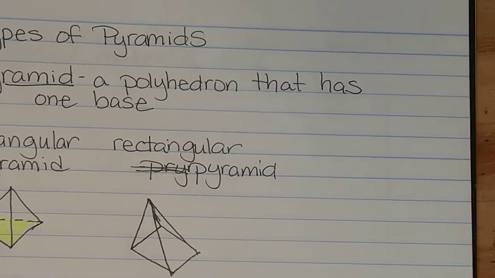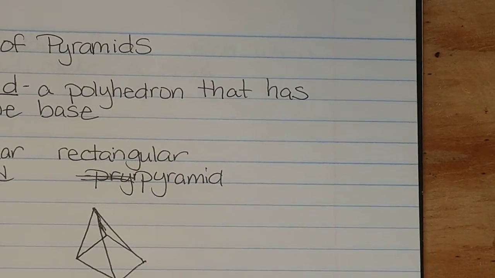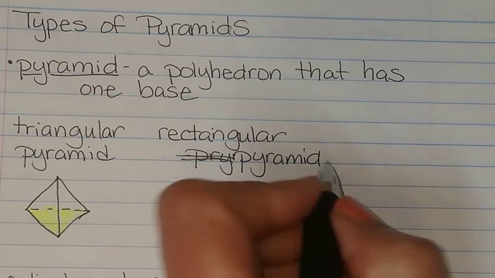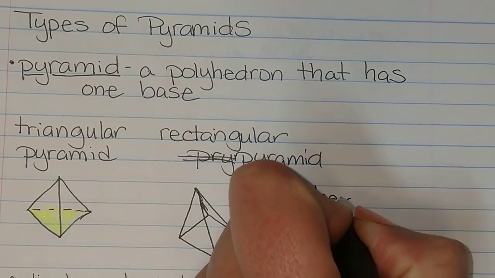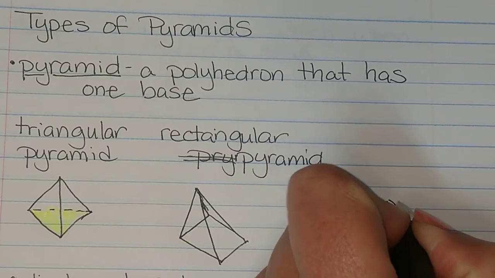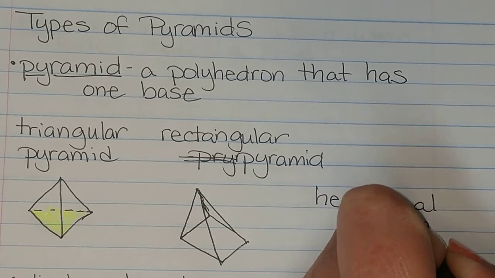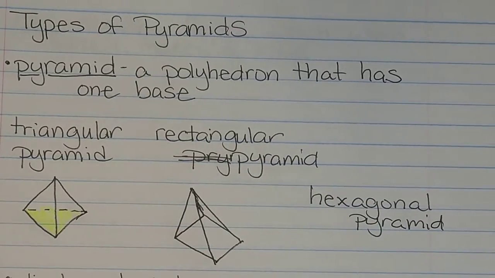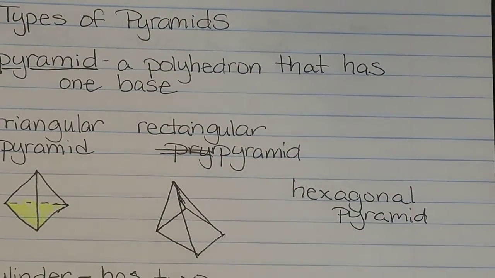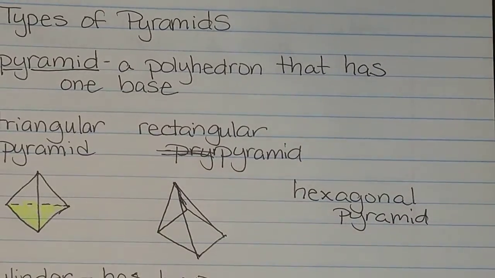And our last type of pyramid that I'm going to show today is a hexagonal pyramid. Now a hexagonal pyramid has the root word of hexagon in it.